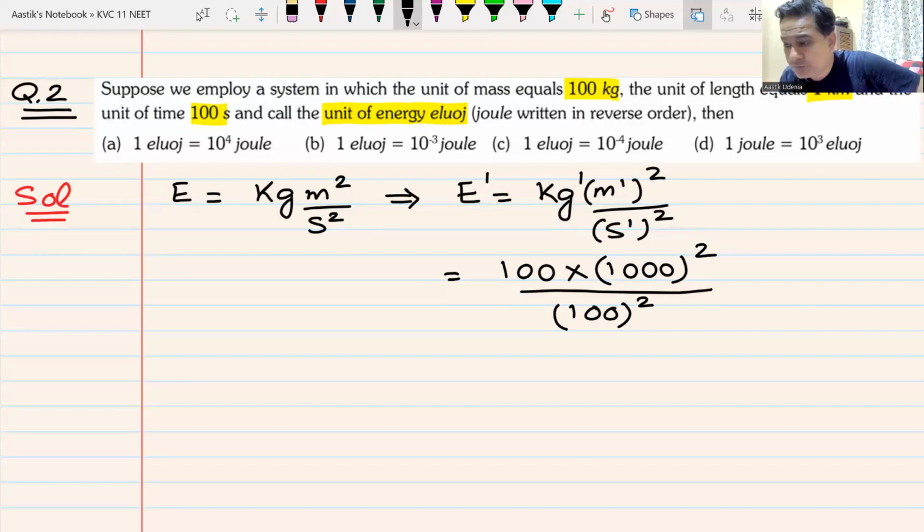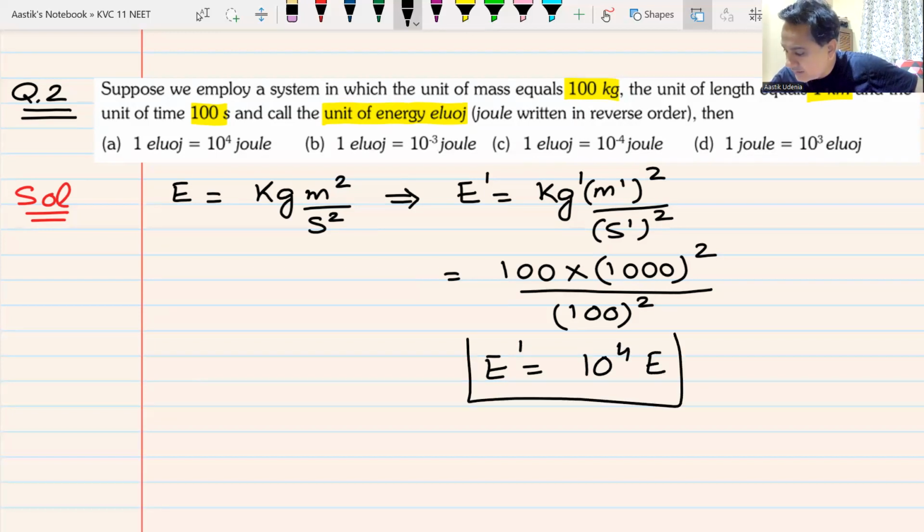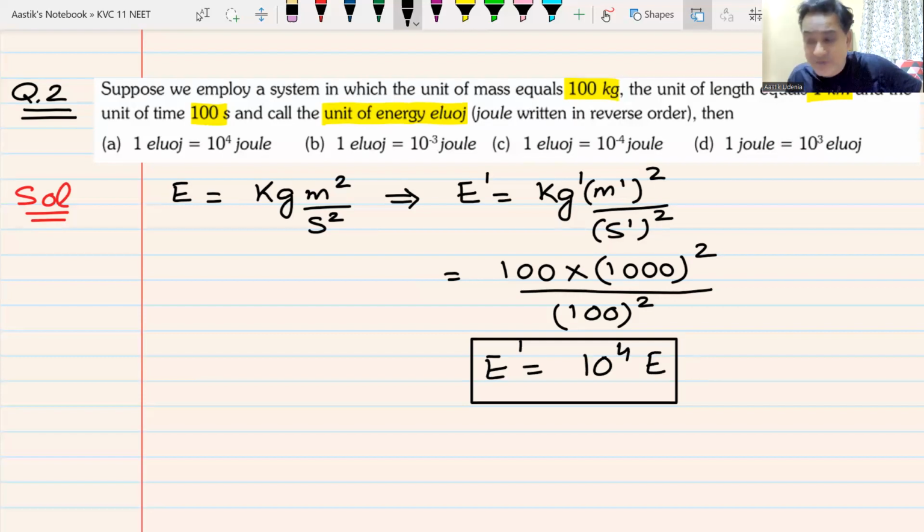You can do this, yes or no? That will give me my new energy E dash as I think 10 raised to the power of 4 times the original energy. And then I just need to look at which option is matching this one, and no problems for guessing this. The option that matches is option A, and option A is our answer.